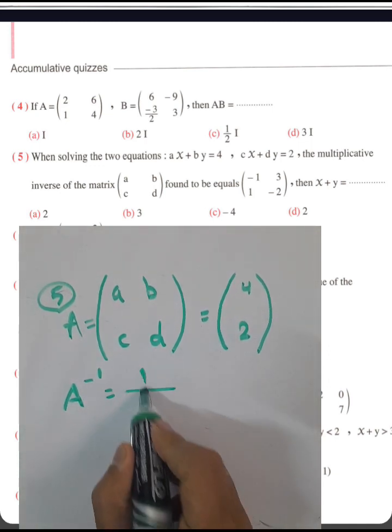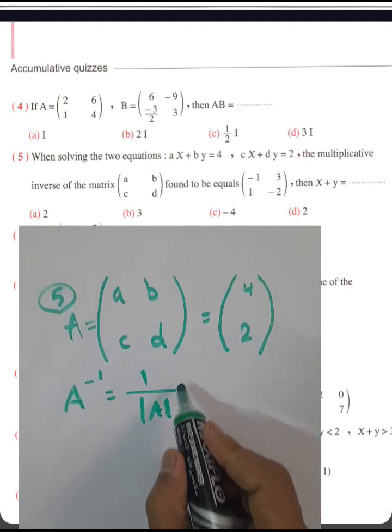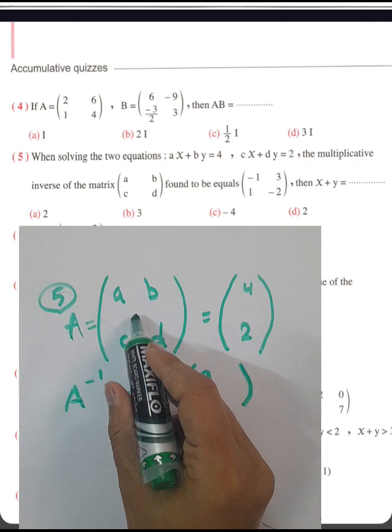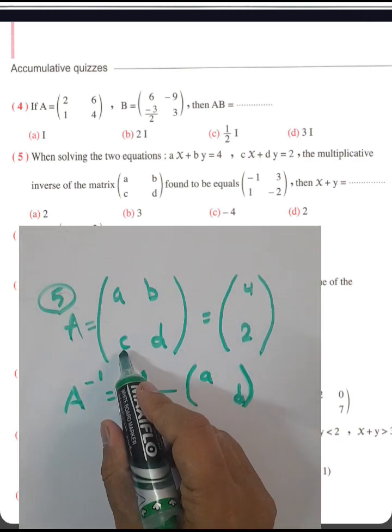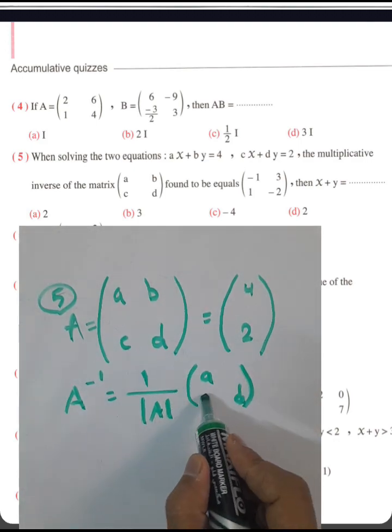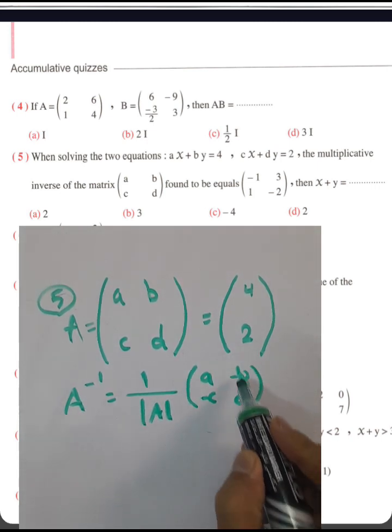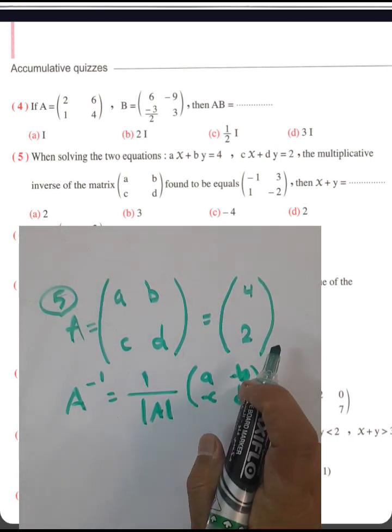It will be 1 over the determinant of A, and the matrix A here: write A and D, and change the sign. It will be negative C and negative B. Write negative B here and D.